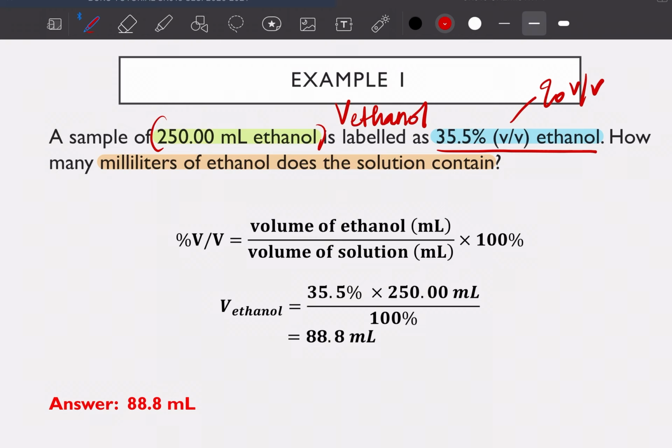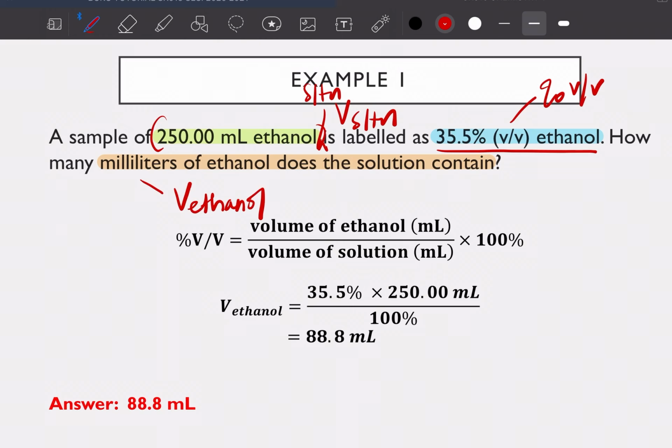So it means they want to ask you the volume of ethanol. Oops, this is the ethanol solution. There should be solution here. So this is the solution, and this is the ethanol that they ask. How many mils of ethanol does the solution contain?